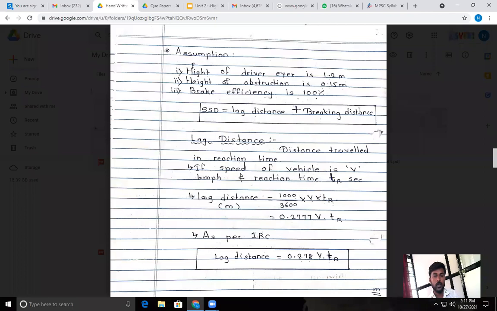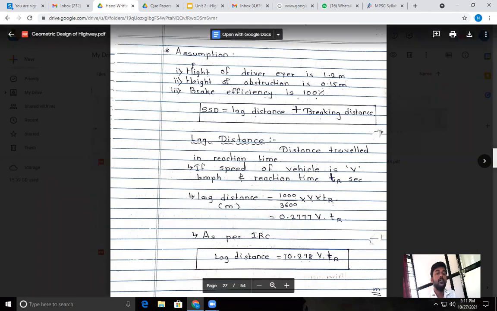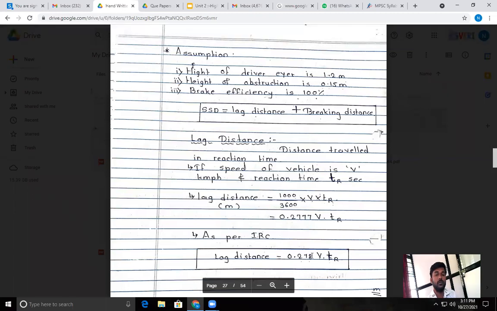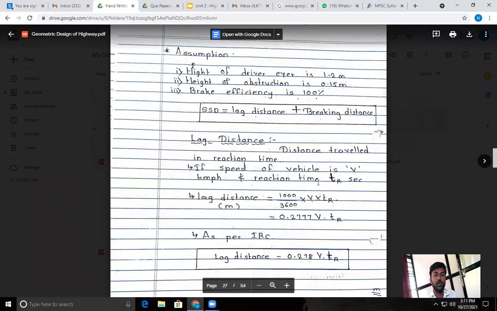The lag distance formula is Vt, but that formula is in meter per second. Here the formula is derived in kilometer per hour as well, so write down both formulas.